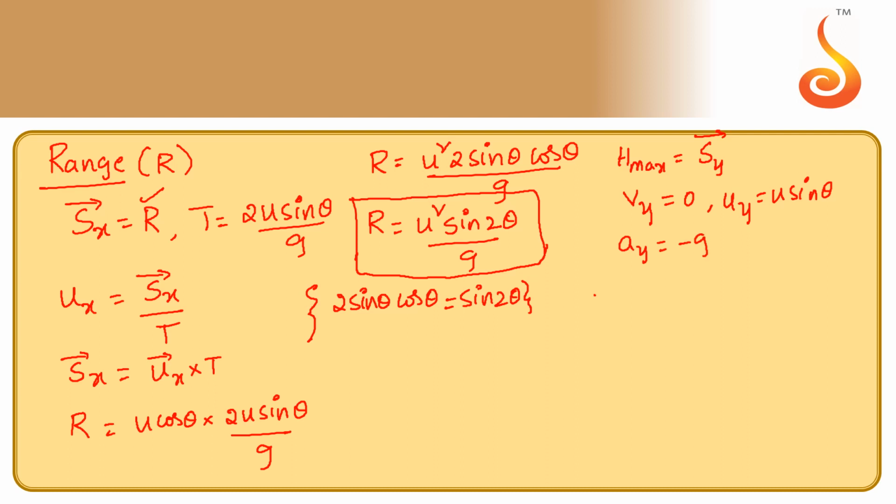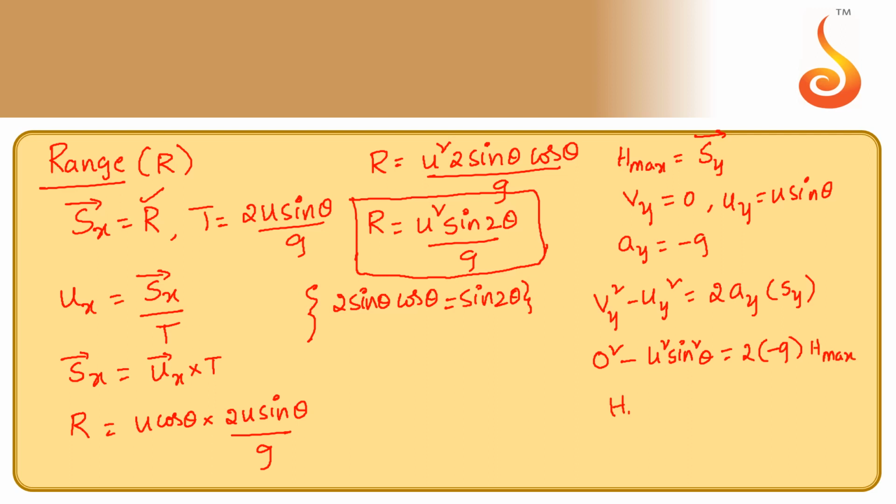Therefore, let us use final velocity along y direction square minus initial velocity along y direction square is equal to 2 into acceleration along y direction times displacement along y direction. Final velocity along y direction is 0, so 0 square minus u square sin square theta is equal to 2 into minus g into sy, which is nothing but H max.